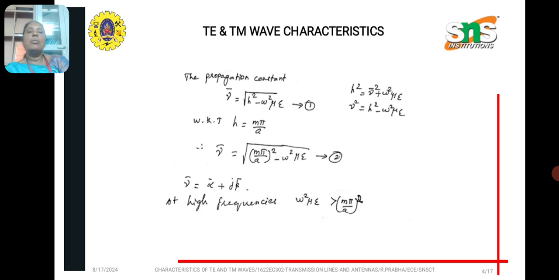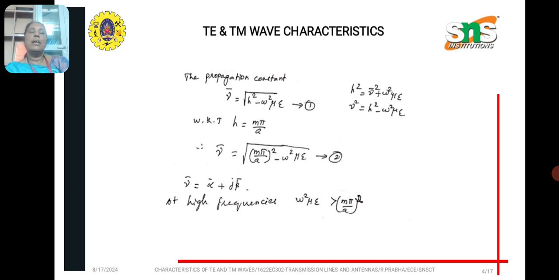And here gamma is the propagation constant, it is alpha plus j beta. It is a complex quantity. Alpha is the attenuation constant, and beta, the imaginary part, is the phase constant. At higher frequencies, this omega square mu epsilon is always greater than the (m pi by a) squared term, because omega is the angular frequency.